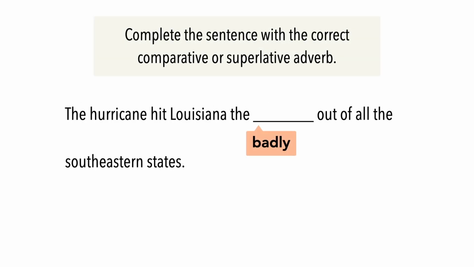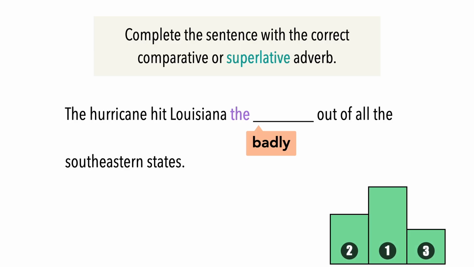The hurricane hit Louisiana the blank out of all the southeastern states. In this sentence, we need to figure out if we should use the comparative or superlative form of badly. Oh, look, the adverb comes after the word the. That gives us a hint that we should use a superlative adverb. But again, we also need to pay attention to what's being compared.